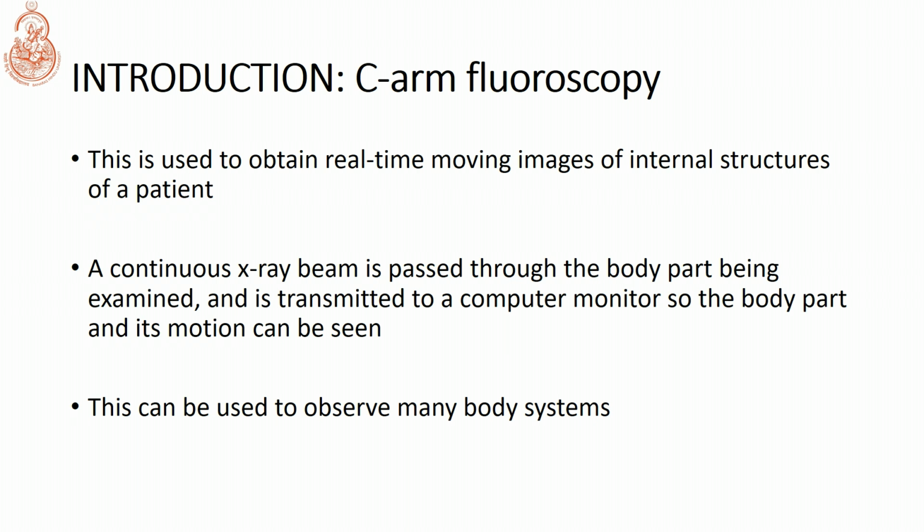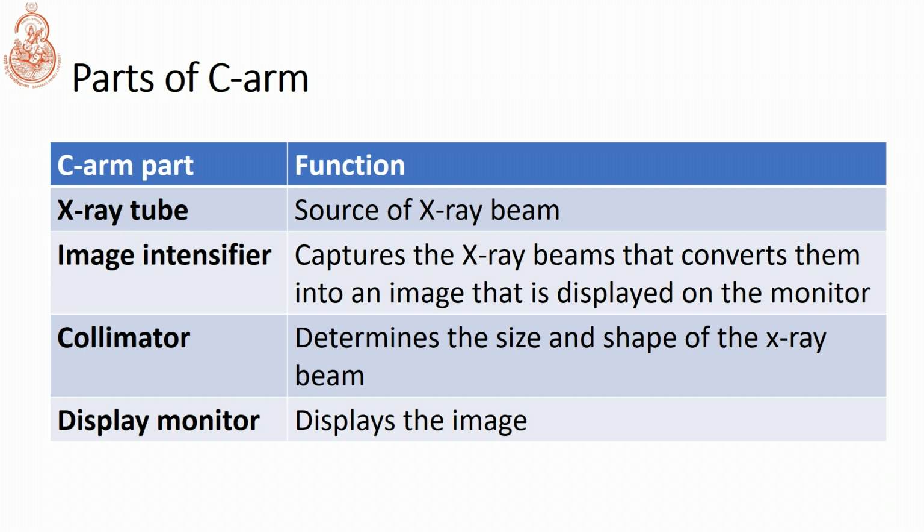The main difference between conventional radiography and C-arm fluoroscopy is that in C-arm fluoroscopy we get a larger number of projections with a single trigger, while in conventional radiography we just get a single projection for a specific time. Here, there will be a continuous flow of X-ray photons from the X-ray tube until we switch off the triggering switch.